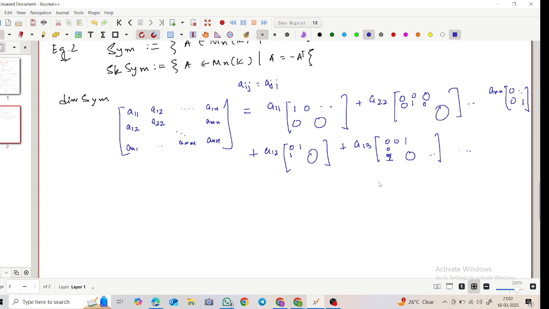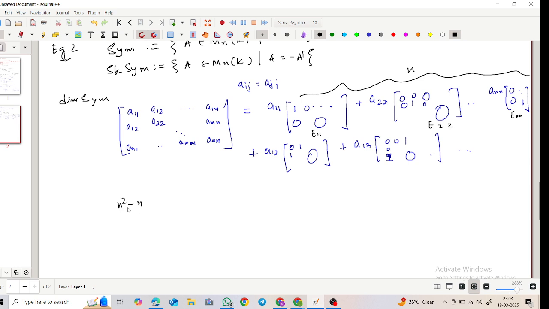So how many matrices are there? In the first row there are n. This is basically E11, then E22, then Enn. So for the diagonal entries you have n many. And for the off diagonal entries, how many off diagonal elements are there? n square minus n.